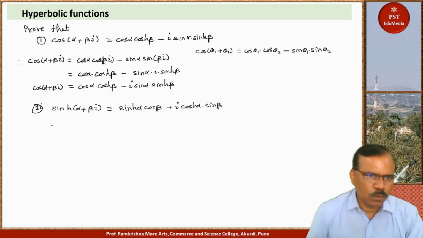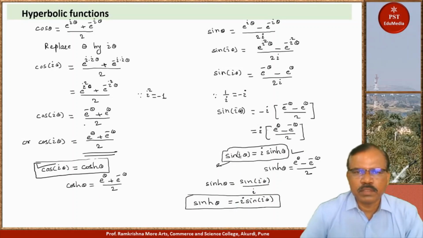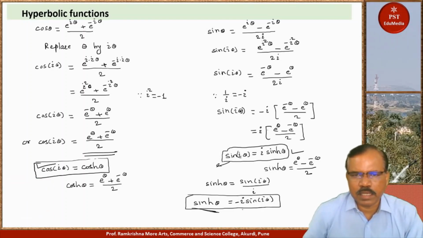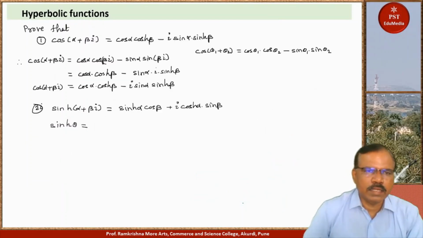Now we have seen sin hyperbolic theta, we have this identity here, we have proved sin hyperbolic theta is equal to minus I sin I theta. So we can write here this identity as minus I sin I theta. We know this.